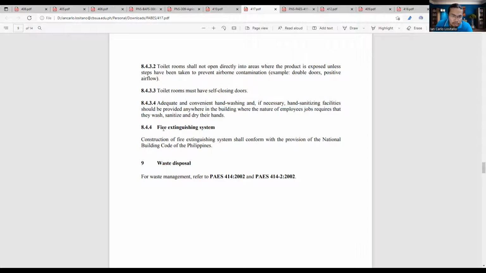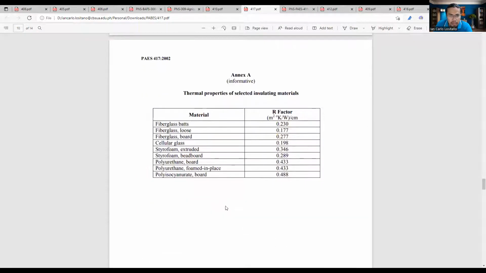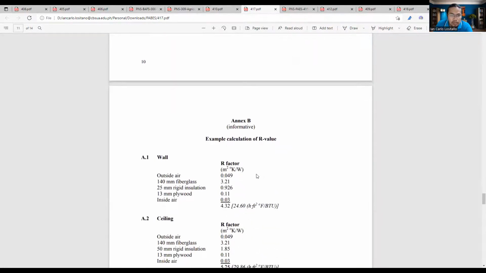Now, for fire extinguishing, this should conform to the National Building Code of the Philippines. Thermal properties of insulating materials should be discussed further in environmental control engineering, but just to show the material and the R factor used in the computations.